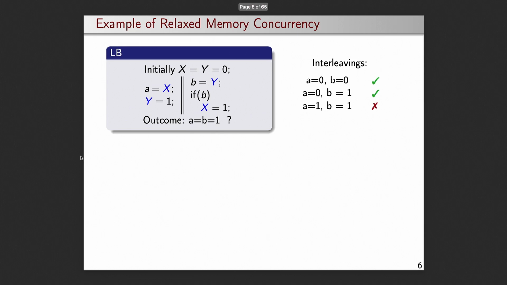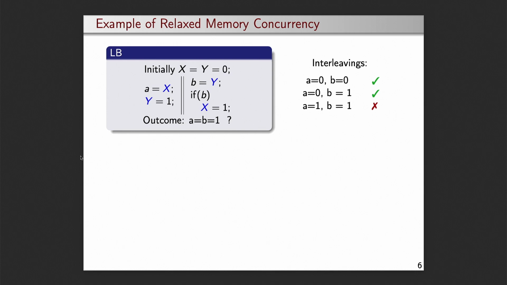Now, if we look at the interleaving executions of the program, these are the possible behaviors. Let's take the first behavior, a equal to b equal to 0. It is possible that the read operations in both threads are executed first. In that case, x reads from the initial value 0, y also reads the value 0 from the initial location, and then the write operations take place.